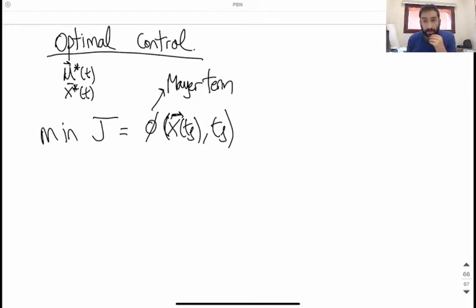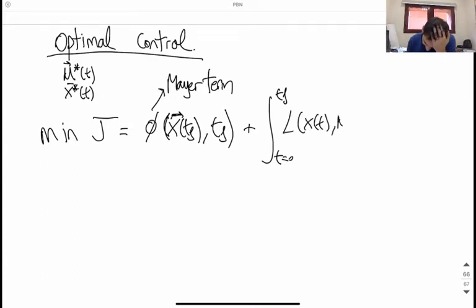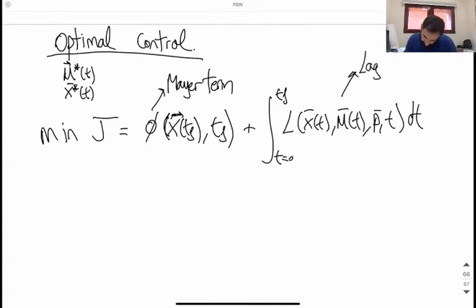We will do it using a Mayer term plus a running term between t0 and tf, right? L of x(t), u(t), p, and time, dt. This is called the Lagrange term.